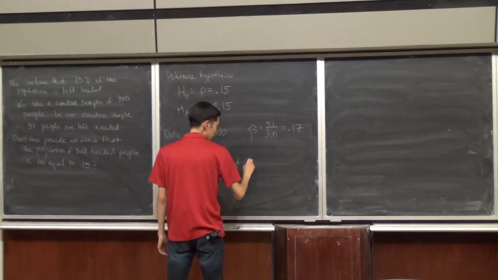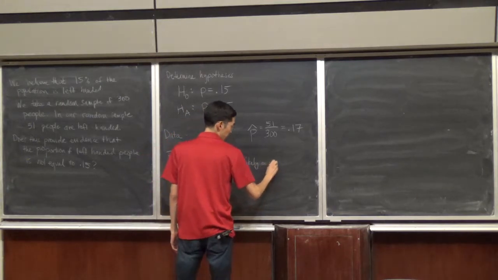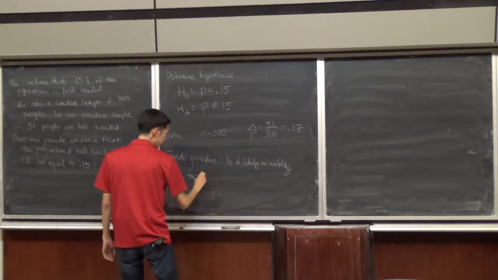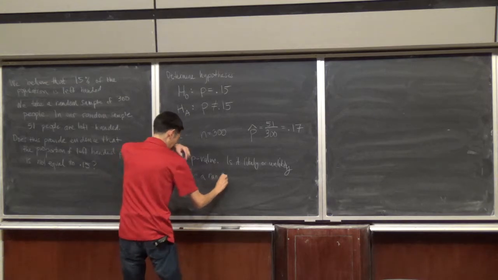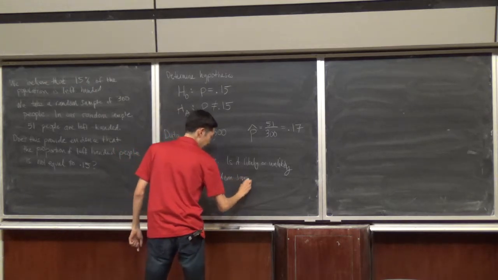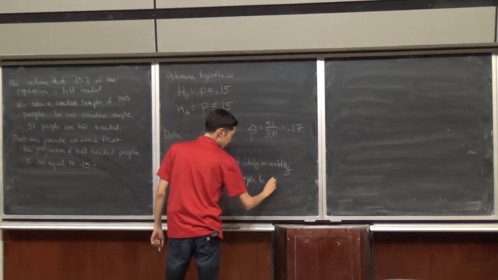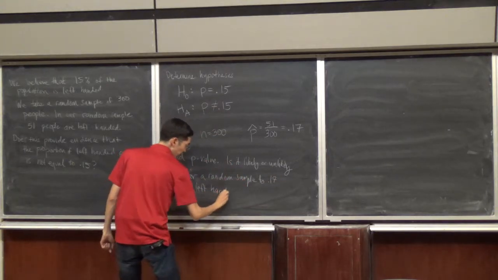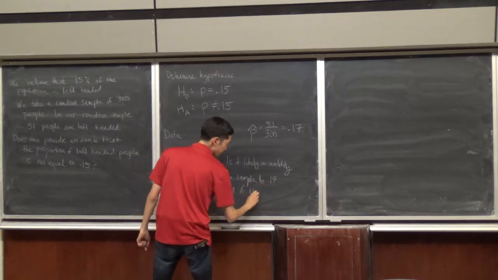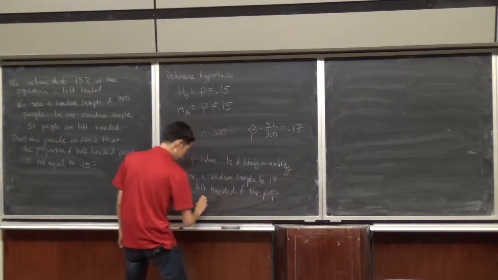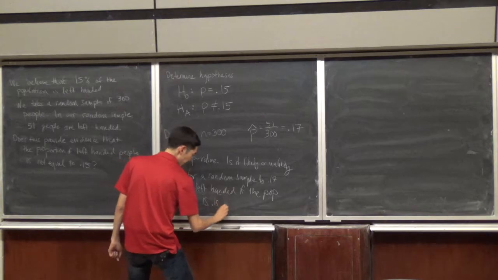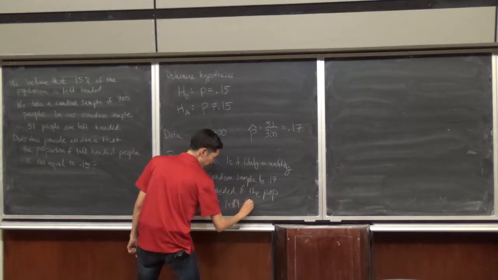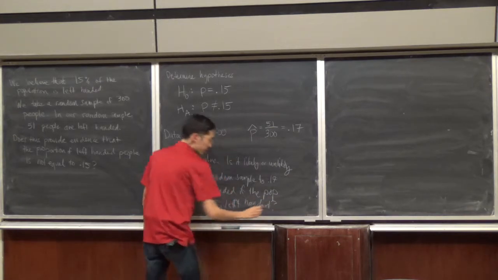Is it likely or unlikely for a random sample to have 17% left-handed if the population is 15% left-handed? That's what we want to know.